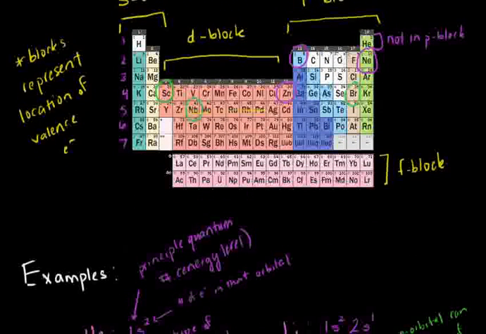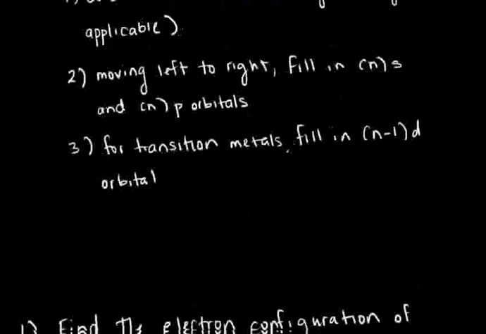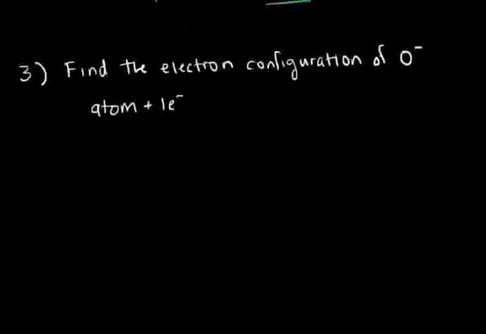Oxygen is a pretty small element relatively. So our noble gas is going to be helium. It's in the second period, so we're going to fill the 2s orbital with 2 electrons. We're going to fill the 2p orbital with 4 electrons. So the electron configuration of oxygen is going to be helium, 2s2, 2p4.